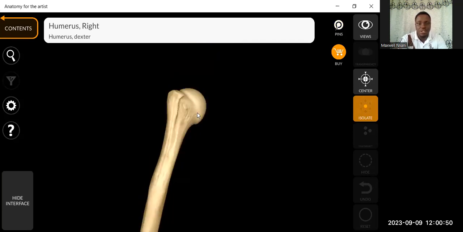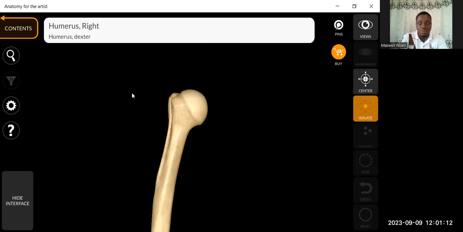Now, we are under features, and I said we'll be talking about the humerus under three headings: the upper end, the shaft, and the lower end. So for the upper end, what are the things we can find out here? We realize that the upper end bears the head. It has the head that articulates with the scapula, okay?